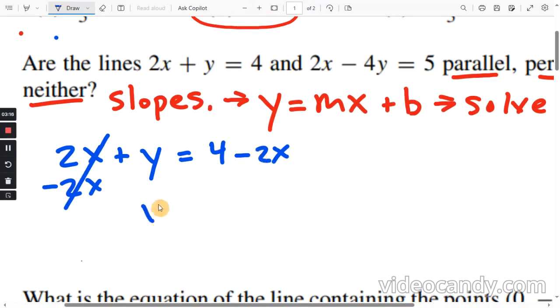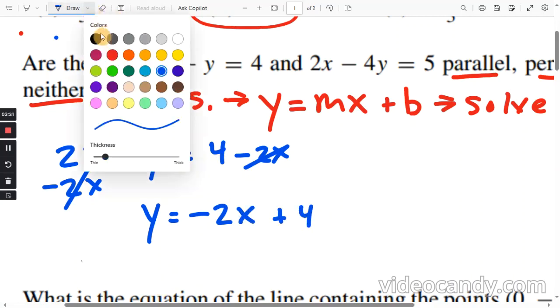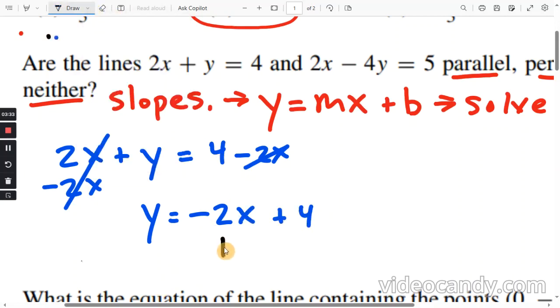Rewriting y equals, and we want mx plus b, so I'm going to write the x term first, so that's negative 2x plus b, so that's plus 4. We can see right here, the number that's times x is going to be the slope, m. So slope is -2.